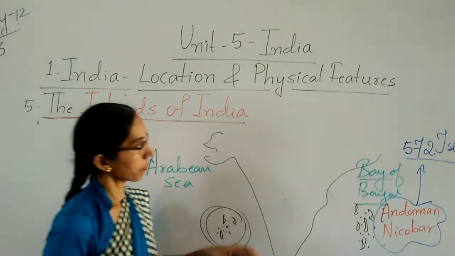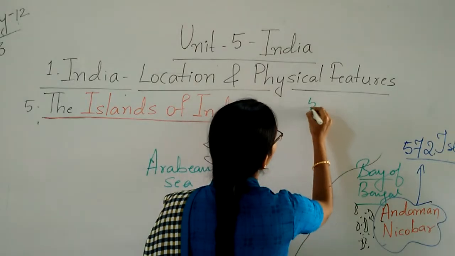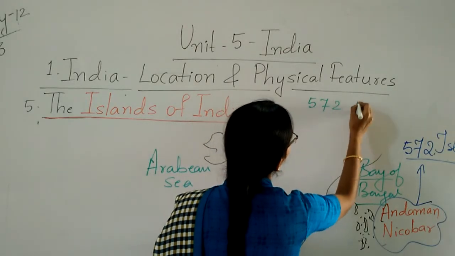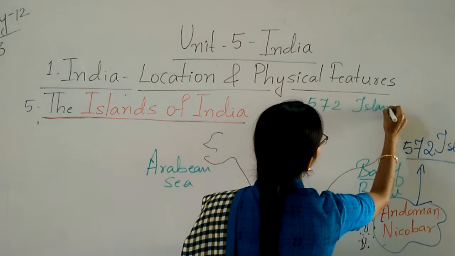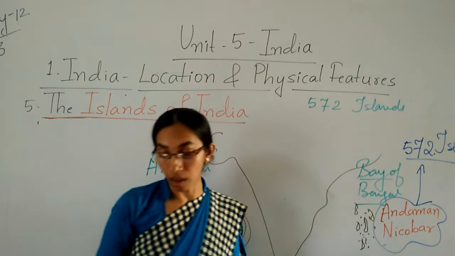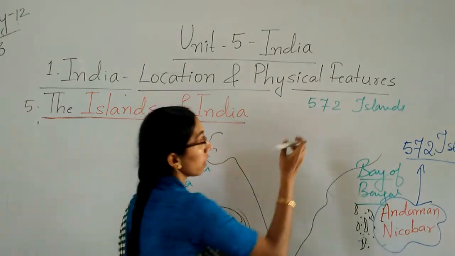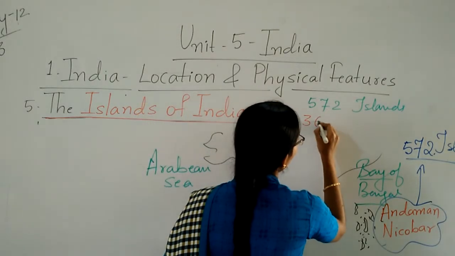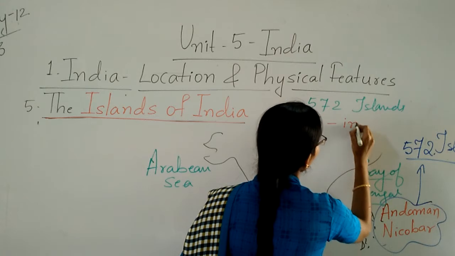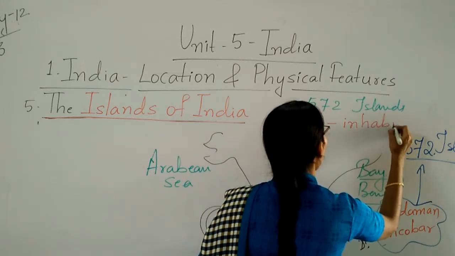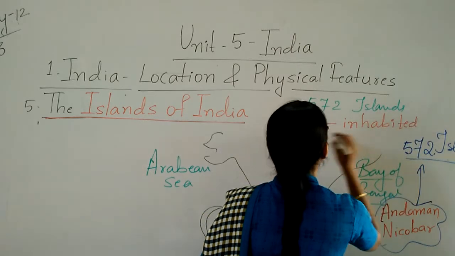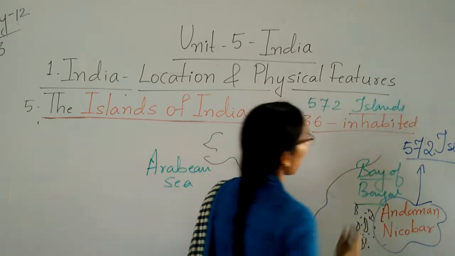So in that 572 islands, only 36 islands are inhabited. Now you are thinking, what is the meaning of inhabited?